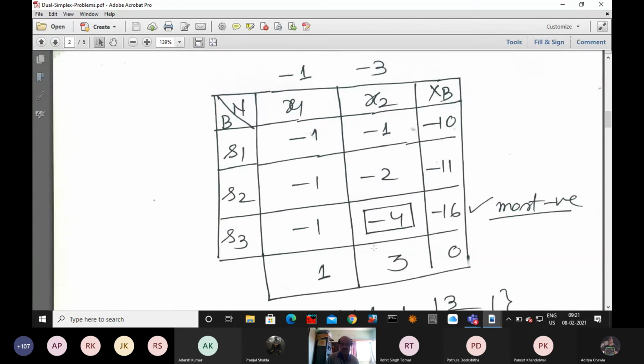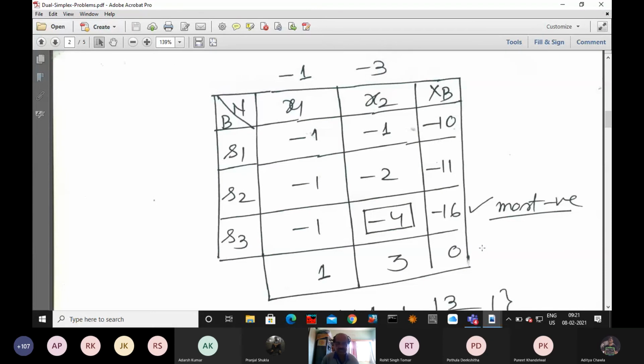In this problem, if you put it in the simplex table, the bottom row has three elements: 1, 3, 0. These are positive.